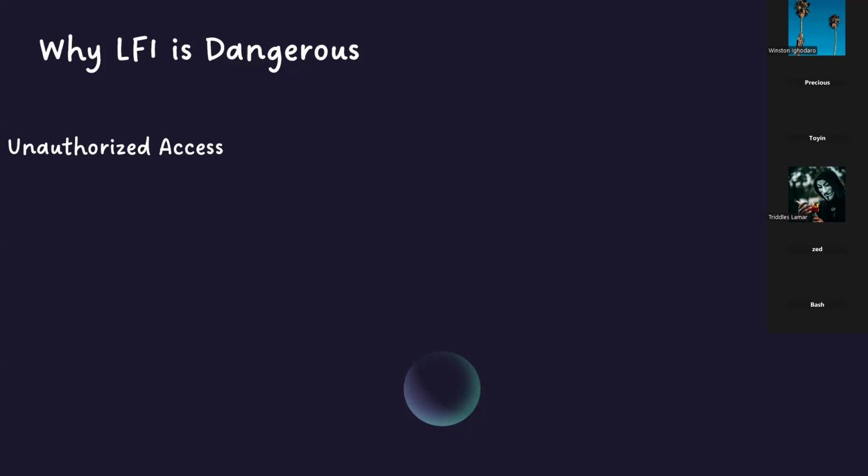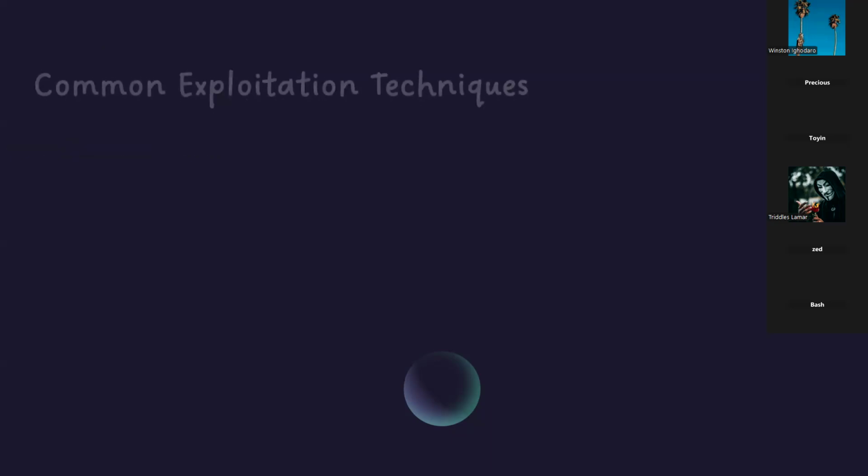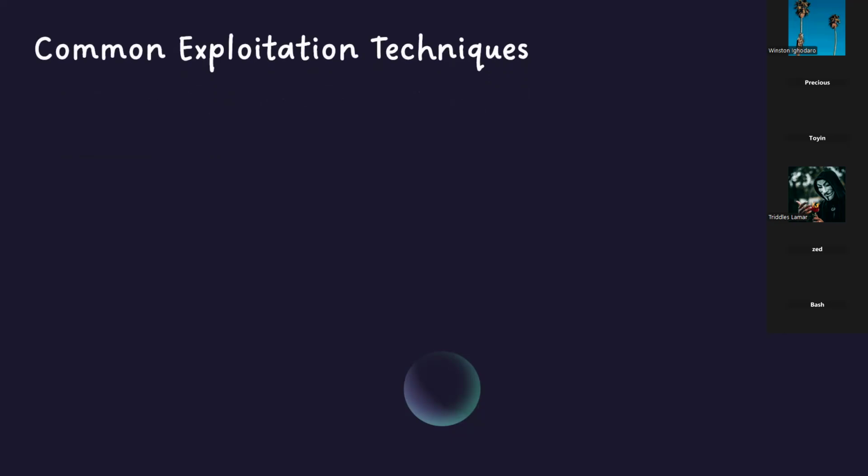So what we have next: common exploitation techniques. A lot of people know directory traversal. It's a method where an attacker tricks a website into accessing files outside its intended directory. Most of you might know the sequence where you put dot dot, then forward slash, then you keep doing that, then you specify a directory you want to read, and it just prints out the whole thing.